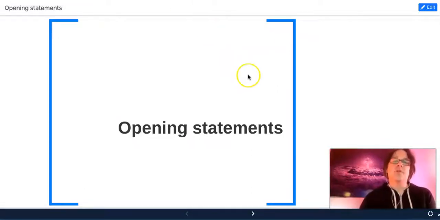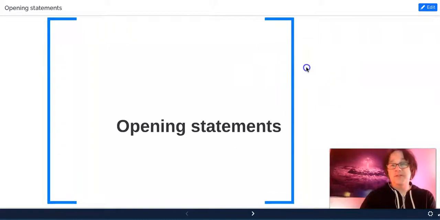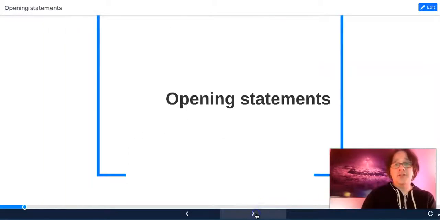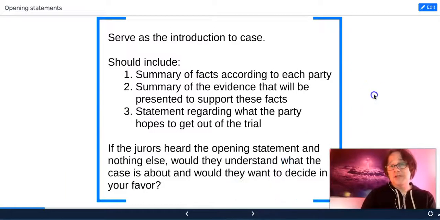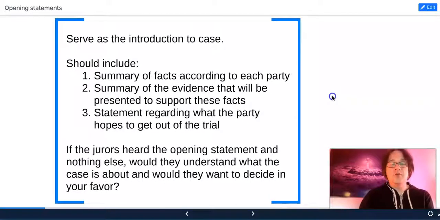Okay, so we're back, and we'll talk about opening statements here. This is how the trial begins, with the prosecution making an opening statement, followed by the defense making an opening statement. So what's the purpose of the opening statements?